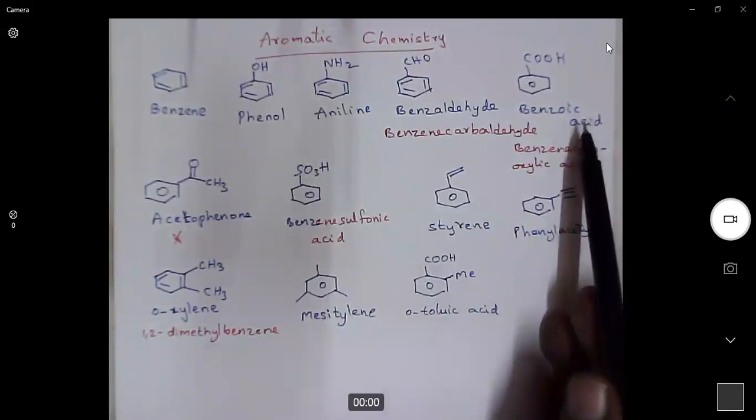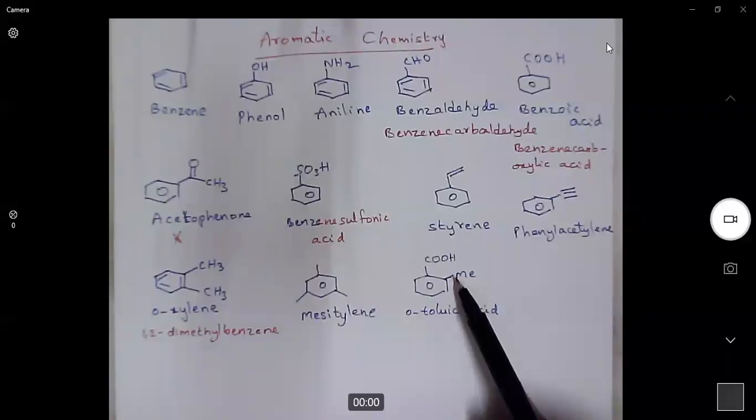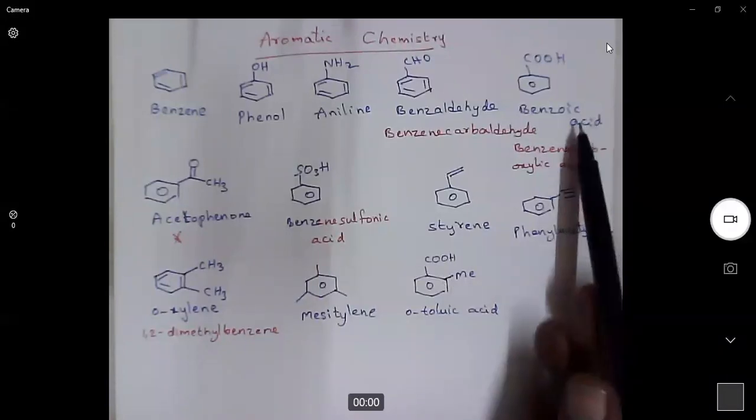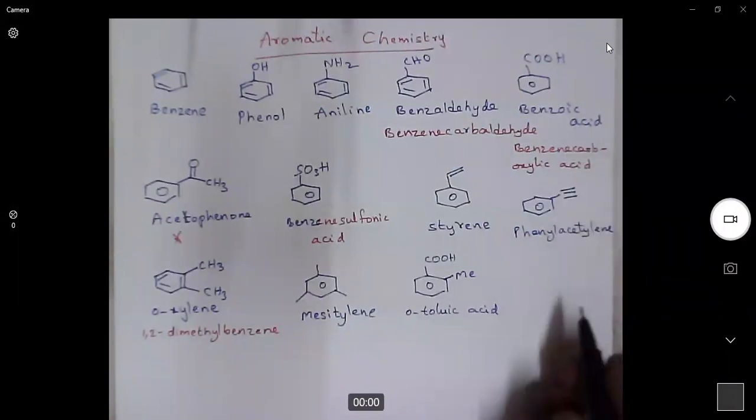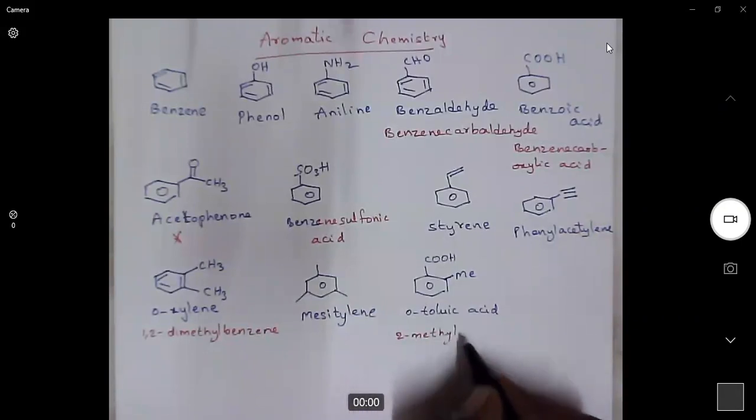So generally benzoic acid is the common name, but when we have other substituents on benzoic acid, then benzoic acid can be used as an IUPAC nomenclature. So in this case, it is 2-methyl benzoic acid.